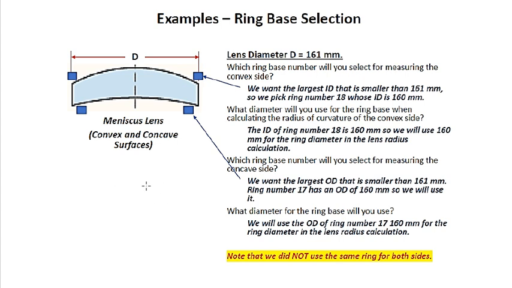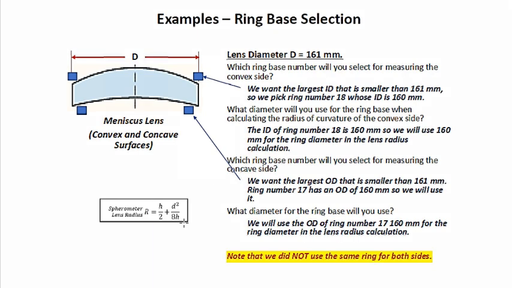I could copy and paste the equation right here for you too. So I added the equation here for you, so you know that this little d is what the question is asking you. What diameter for the ring base will you use? You're going to use the 160 in here, okay? So make sure you don't go into confusion.